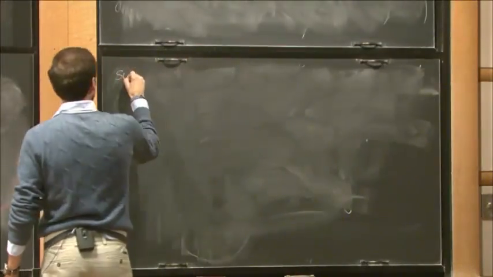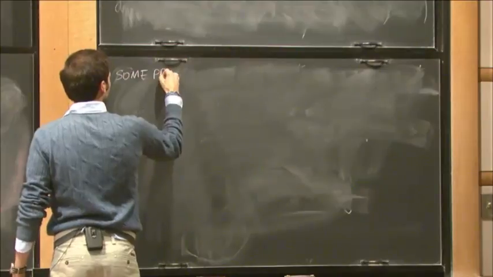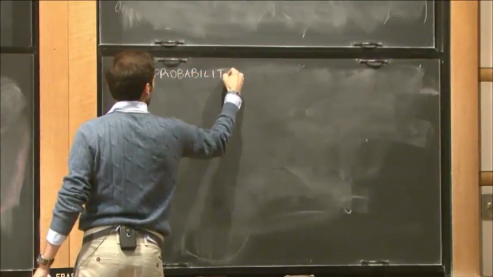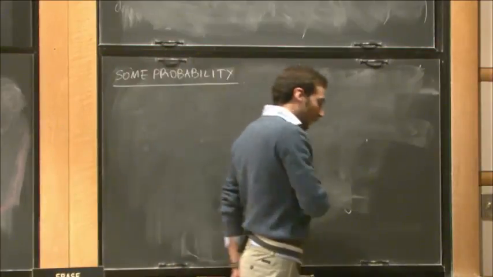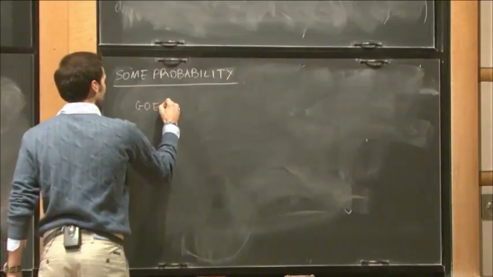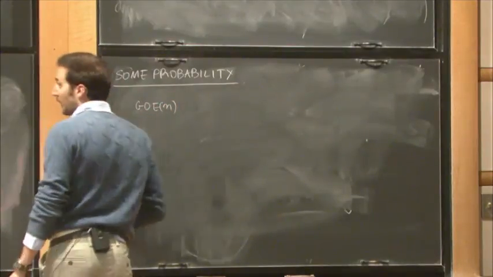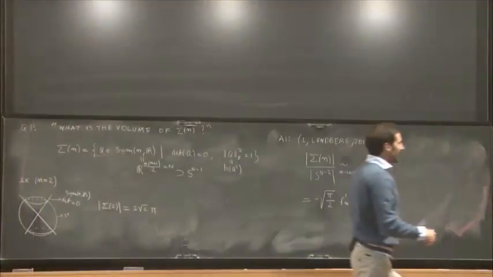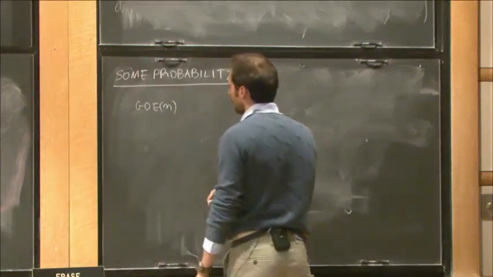So let me say just some probability. So I want to consider, well, everyone here I think knows what is the GOE ensemble. What is going to be useful for me is that it's this space with a probability distribution which is uniform on this unit sphere. That is the part that is going to be useful for me. But typically, we can have different distributions, so different definitions.